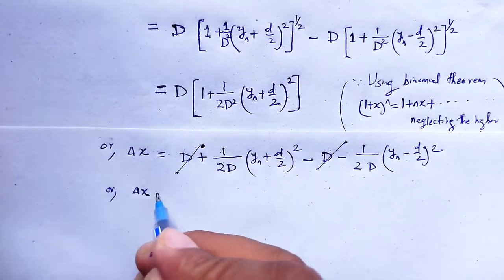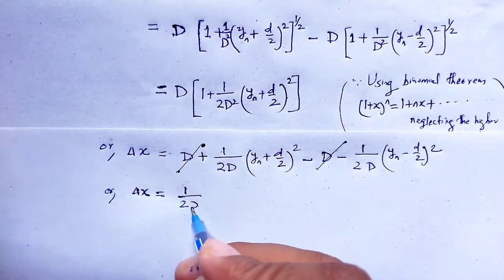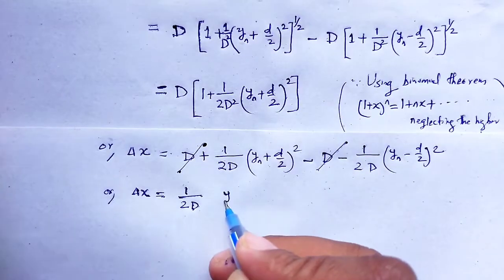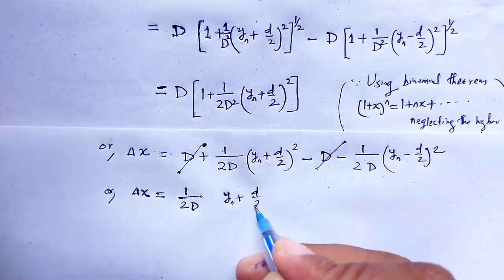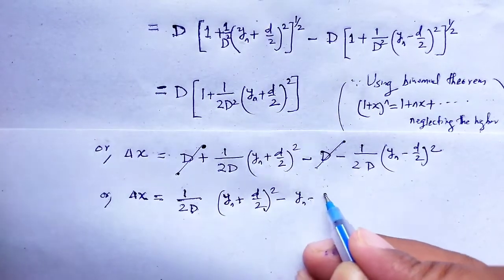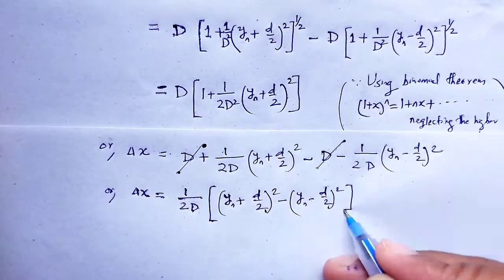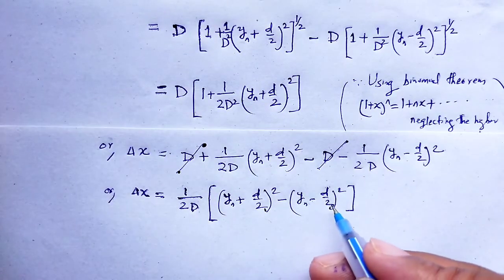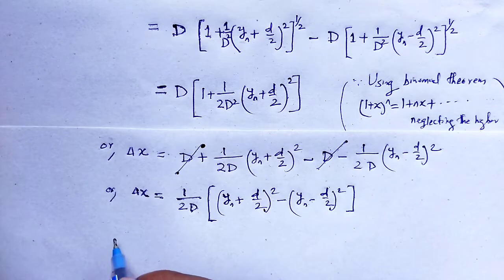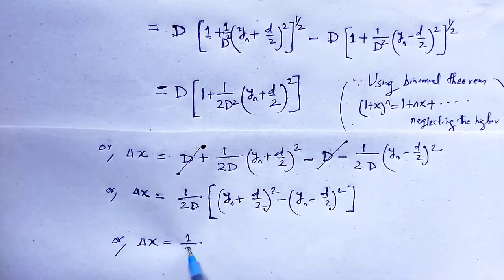Del x is equal to 1 by 2d as common, yn plus d by 2 whole square minus yn minus d by 2 whole square. A plus b whole square minus a minus b whole square is 4ab.